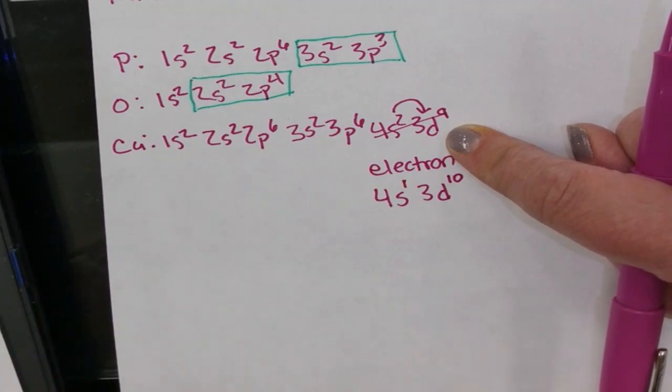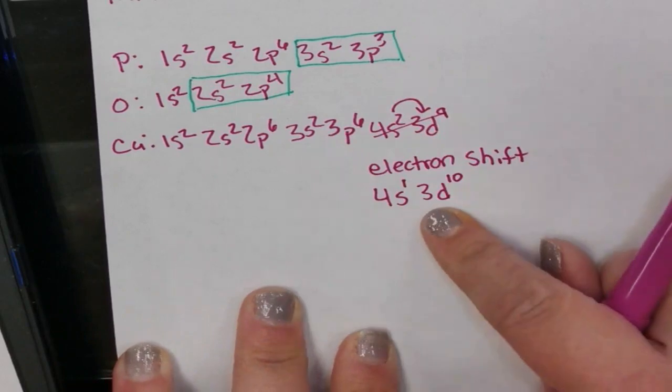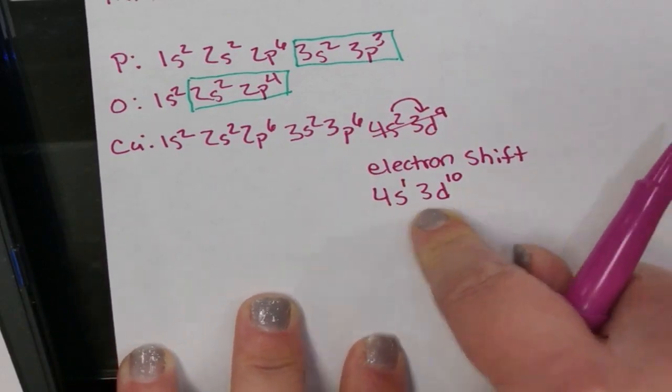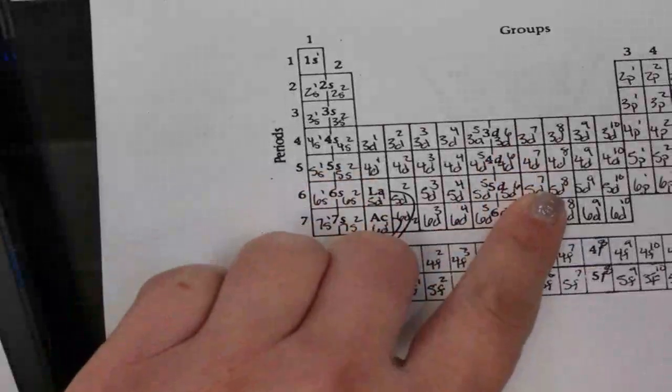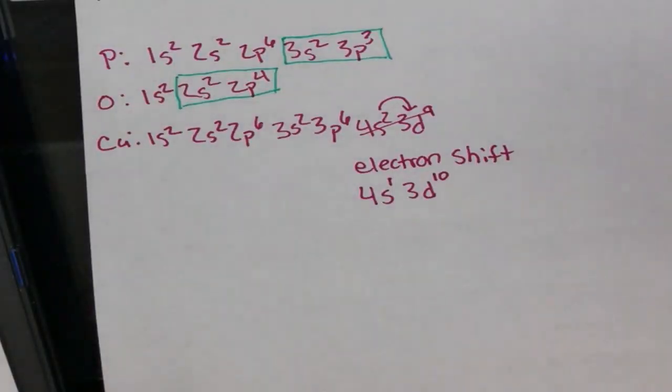It is energetically favorable enough for 1 electron to move. Now this will never happen in the d8 category because it requires too much energy to move 2 electrons. It's only energetically favorable enough for 1 electron to move.